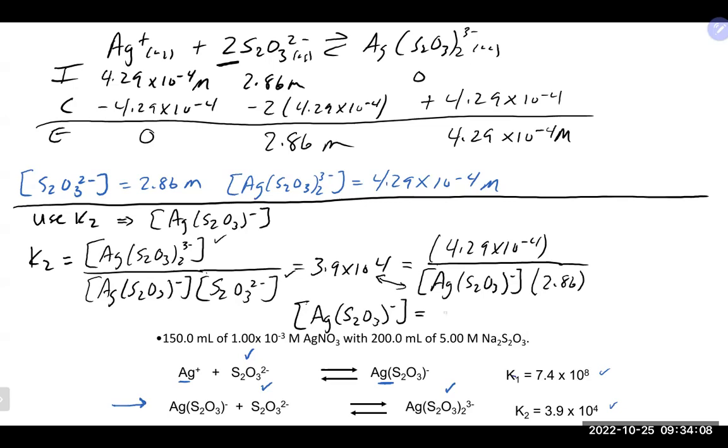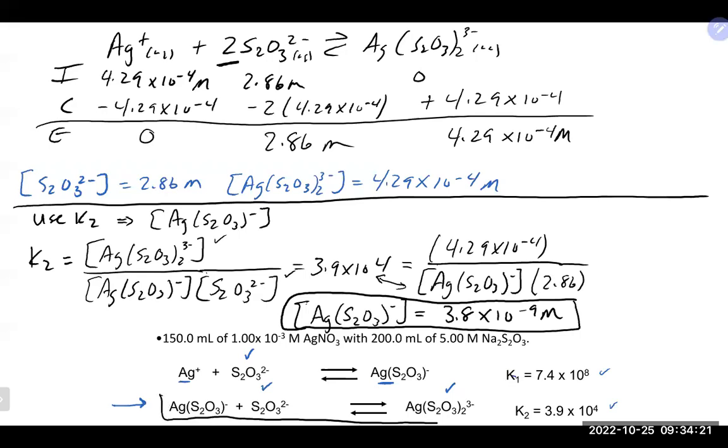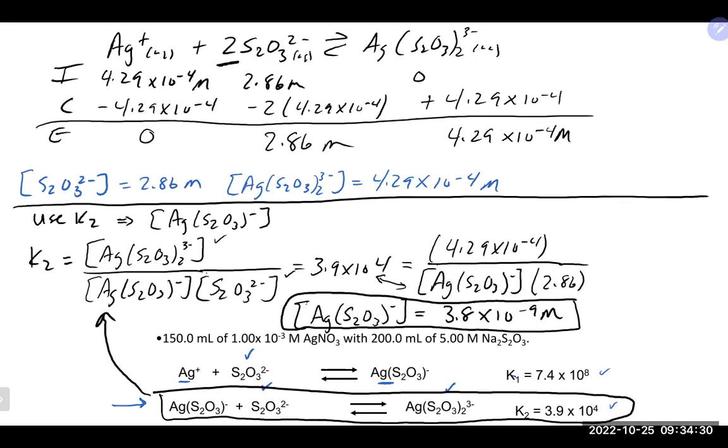And that will give us 3.8 times 10 to the minus 9 molar, which would be our intermediate. Any questions on that? So just so we're clear, I am using this reaction and K value to get this. That is why S2O3 is not squared or anything like that, because I am not using this equation. I'm using the one on the bottom. Any questions on that there?